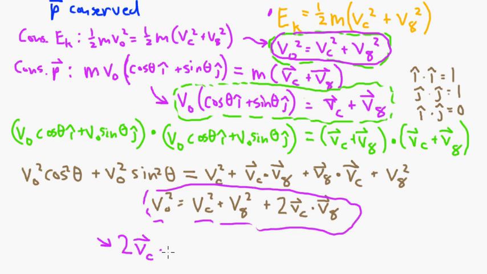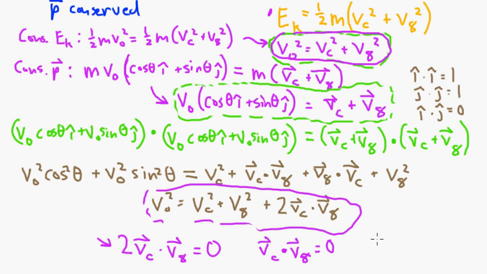If anything is equal to 0, then half of it is also equal to 0. And since this is the final velocity of the cue ball and this is the final velocity of the 8 ball, the dot product of them is equal to 0, which means they are perpendicular.